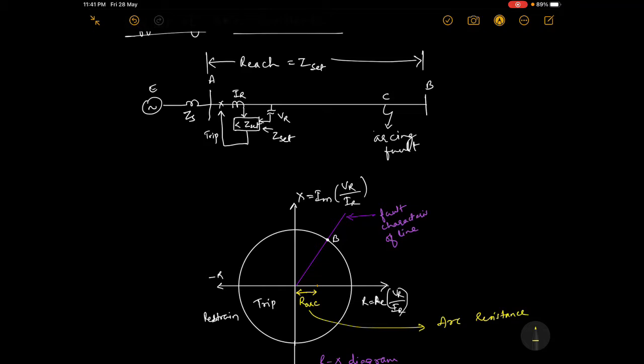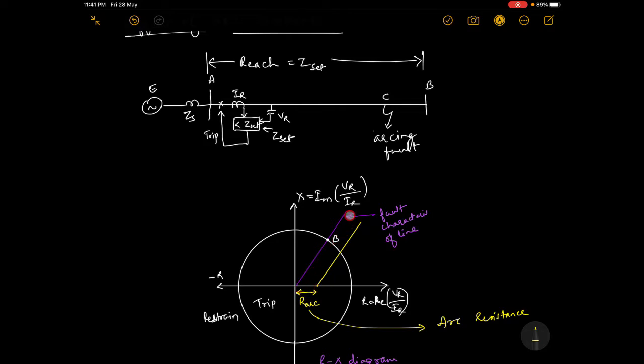Now this entire line will shift. Do you agree? This entire line will shift here because the resistance is not zero. The resistance is already added for the fault. That extra resistance has been added.